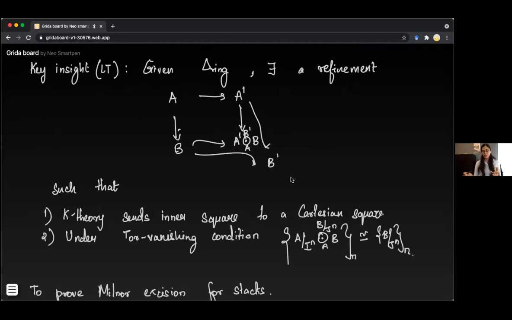That's because this O-dot construction is given by the endomorphism ring of some generator of a category. So you take the square of rings, you replace it by the category of modules over those rings, and this O-dot construction is an even ring, constructed such that the category of modules over it would give you excision for K-theory.